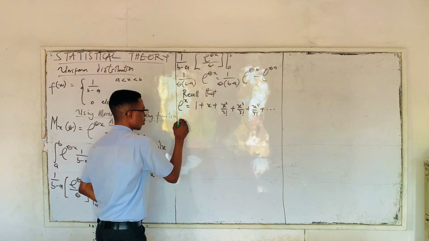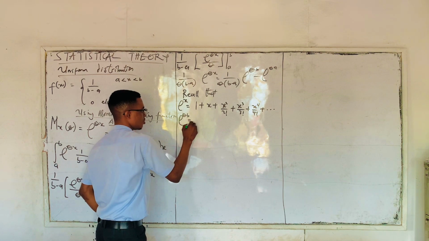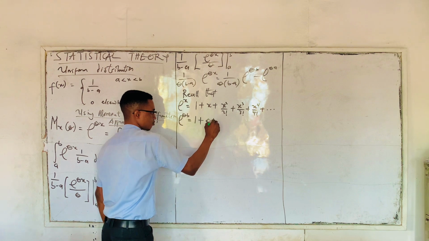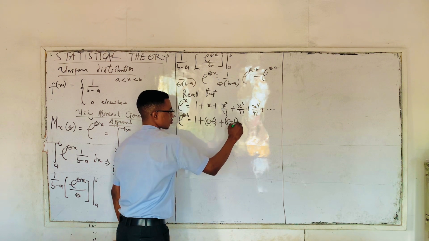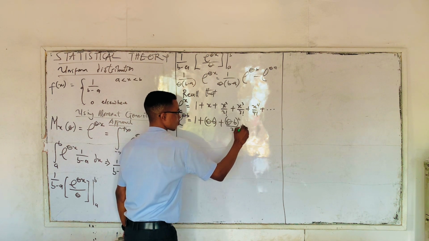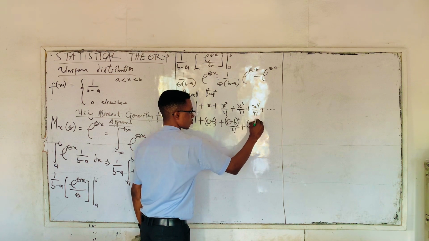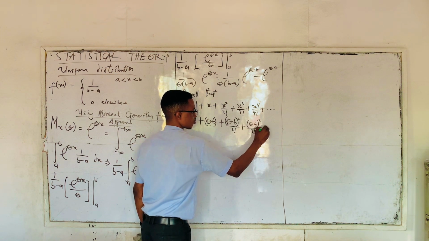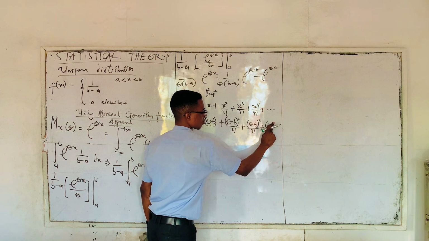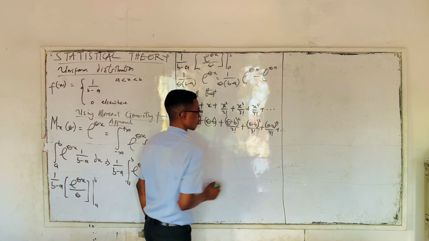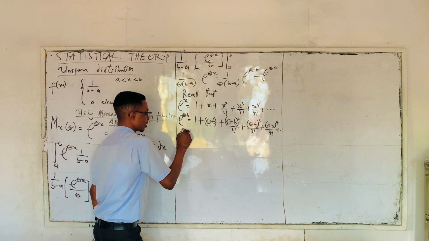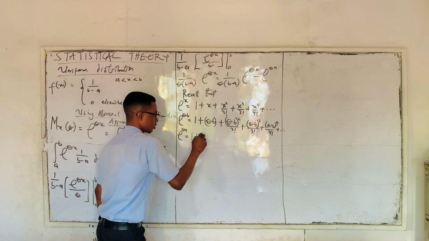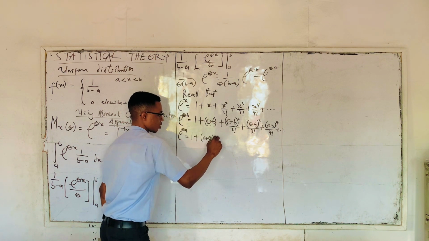So the Maclaurin series of exponential theta b will be given as 1 plus theta b plus and so on. And of course the Maclaurin series of exponential theta a will be given as 1 plus theta a plus and so on.